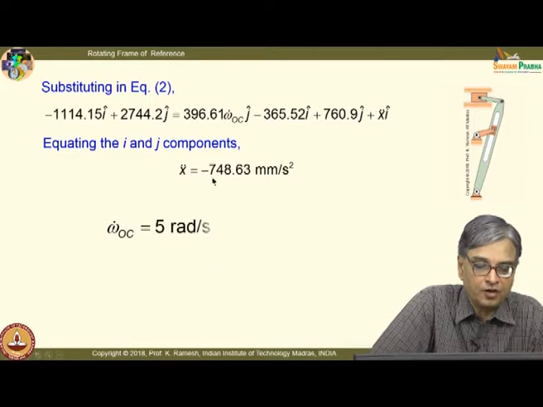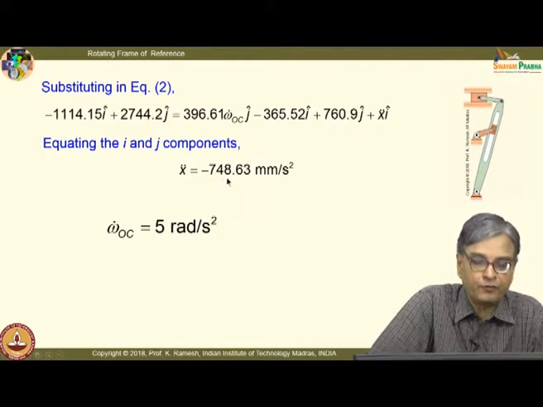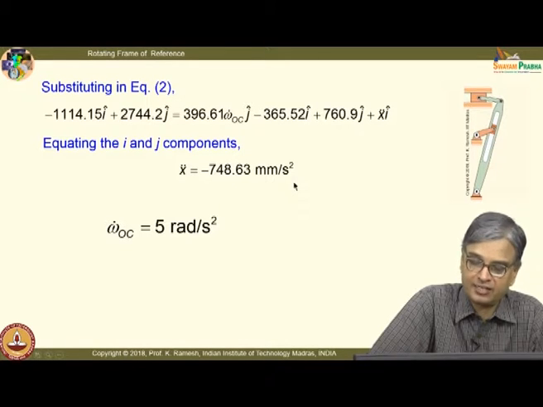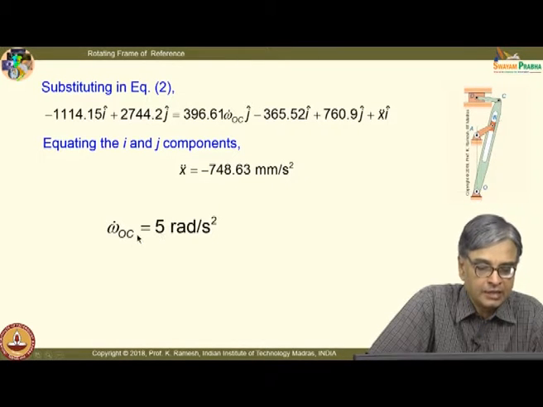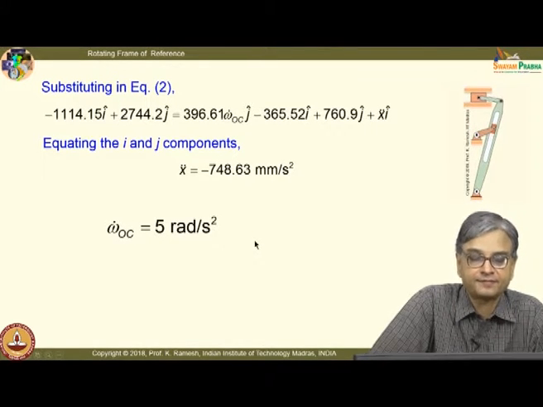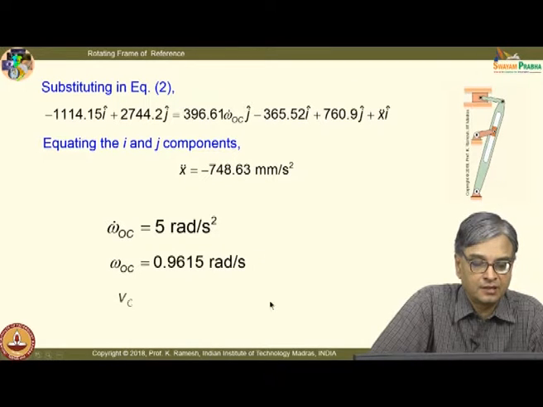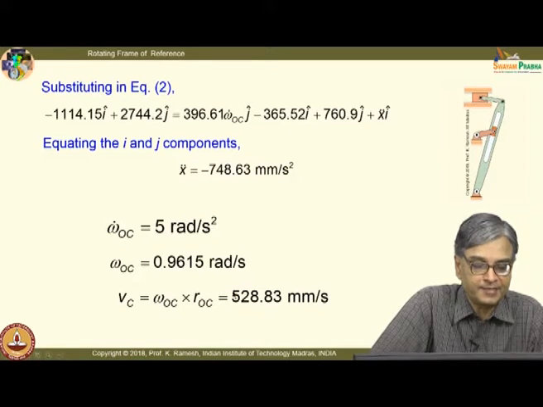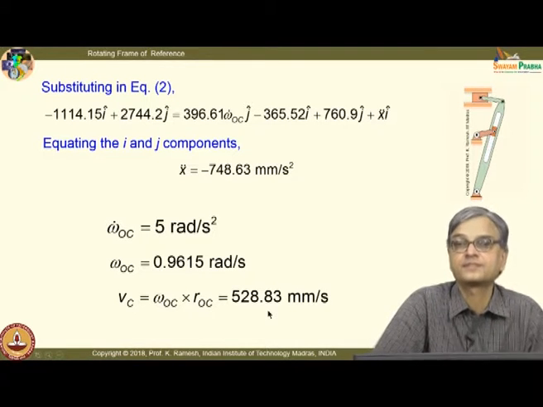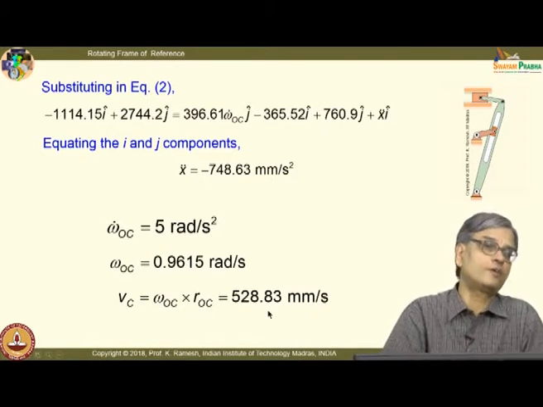I get x double dot equal to minus 748.63 millimeter per second squared, and omega dot c as the angular acceleration is 5 radians per second squared. And we have already seen that omega c is 0.9615 radians per second, and Vc is also summarized. So, it is again a straightforward problem.